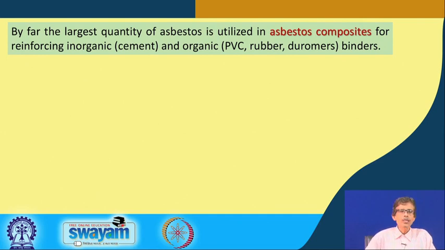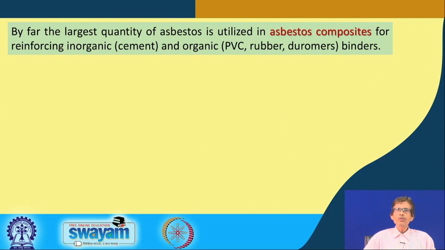So, the largest quantity of asbestos goes into the different types of asbestos composites we can make. What we see now is that we can put asbestos material in some other material, like in material science or polymer science, where we make a composite material in which the basic material is polymeric, and we put something else in so that we can increase the strength and durability, and its affinity for taking different shapes will be changed.